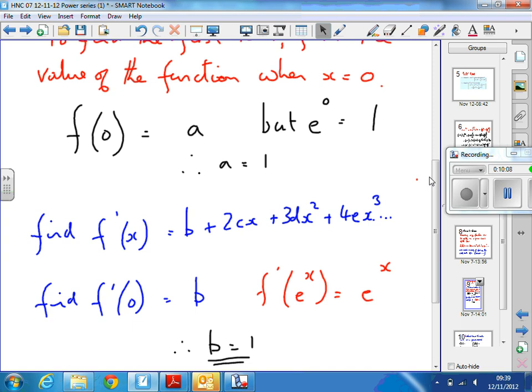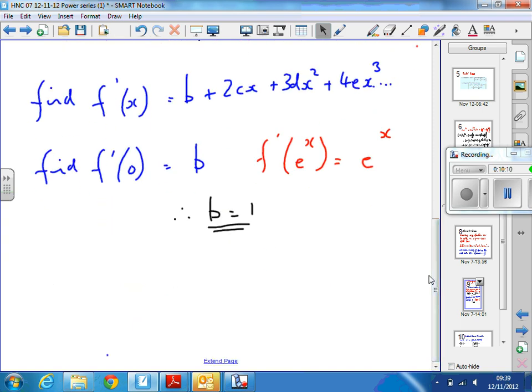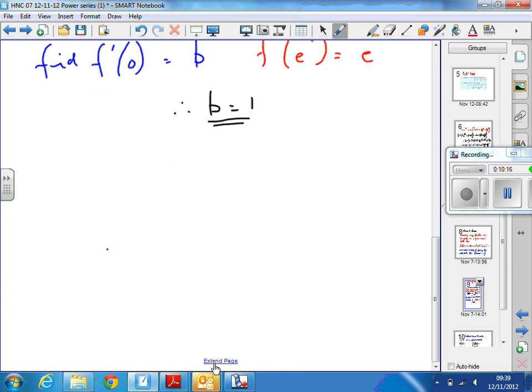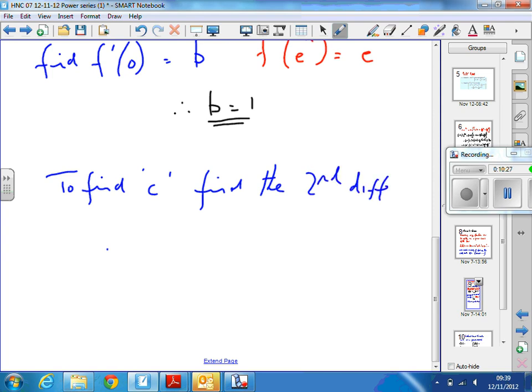So differentiate this. And so on. To find d, I'd find the third differential. To find e, I'd find the fourth differential, and so on.